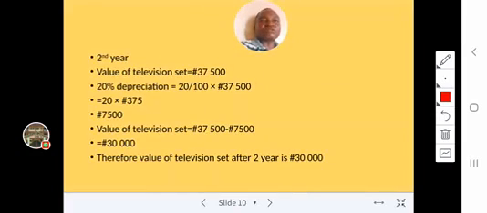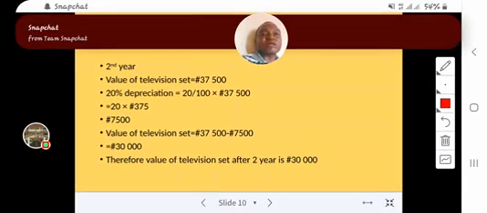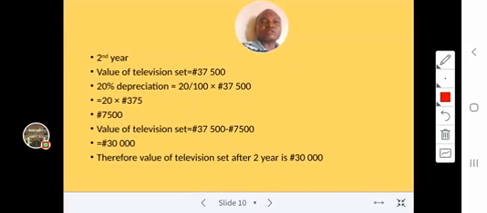Second year, the value of the television set is now 37,500 naira. 20% depreciation is equal to 20 over 100 times 37,500 naira. 37,500 divided by 100 gives you 375. 375 times 20 gives us 7,500.